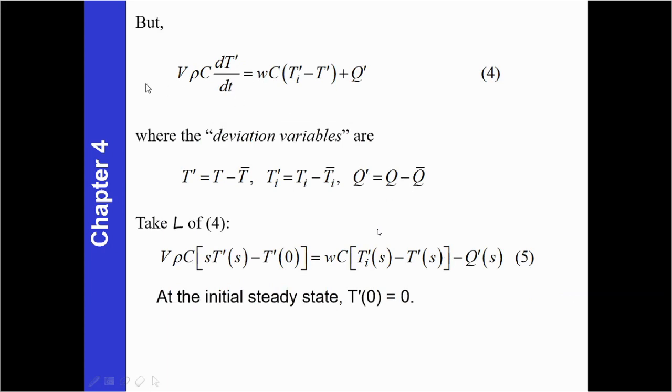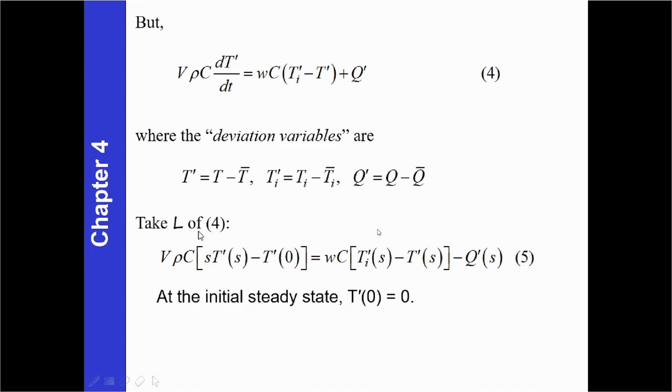And we also have the equation V rho C dT'/dt equal to WC (Ti' minus T') plus Q'. In this case, the deviation variables T' equal to T minus T bar, and Ti' equal to Ti minus Ti bar, and Q' equal to Q minus Q bar.